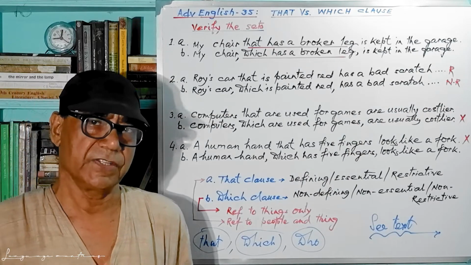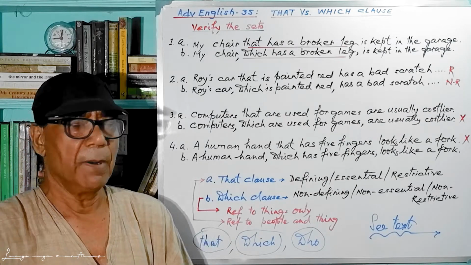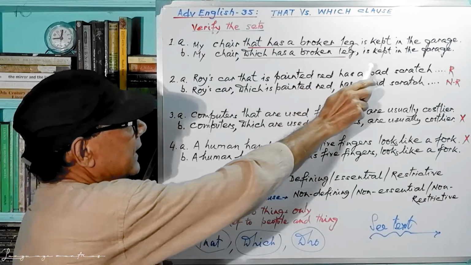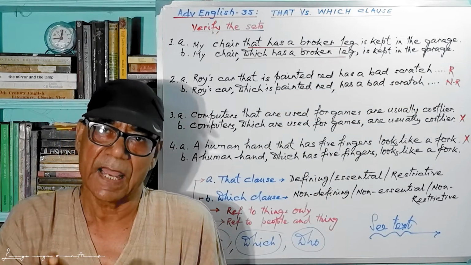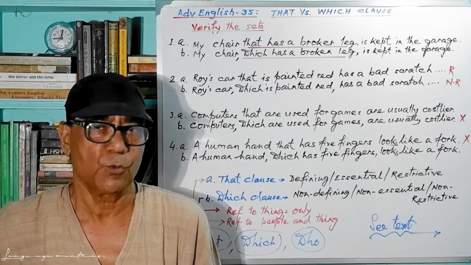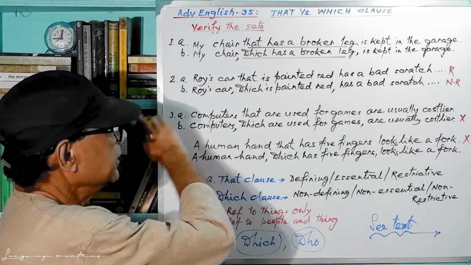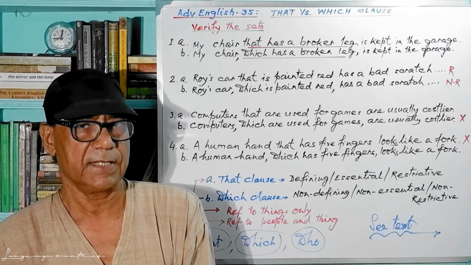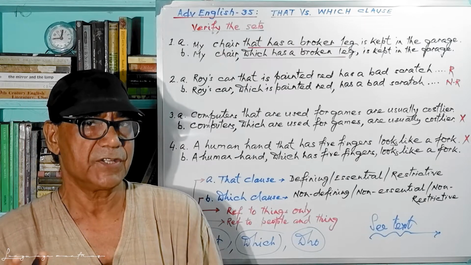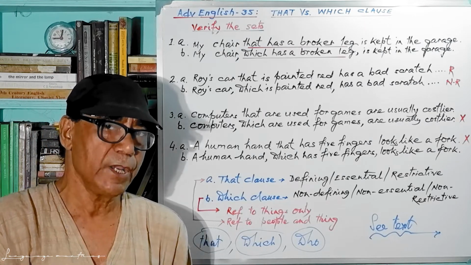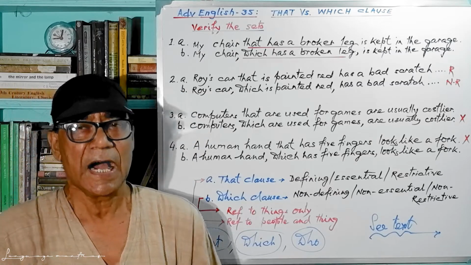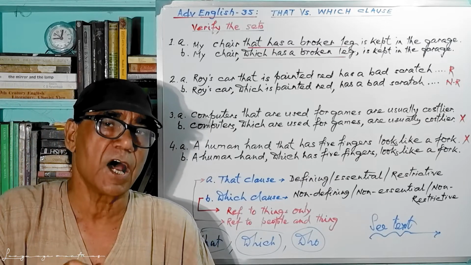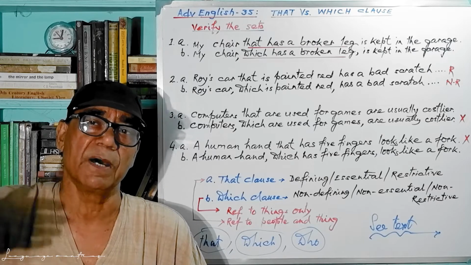So what is the difference now? When I say my chair is kept in the garage, I mean I have only one. But when I say my chair that has a broken leg, I try to identify one particular chair. That means I am trying to single out one chair from the multitude.